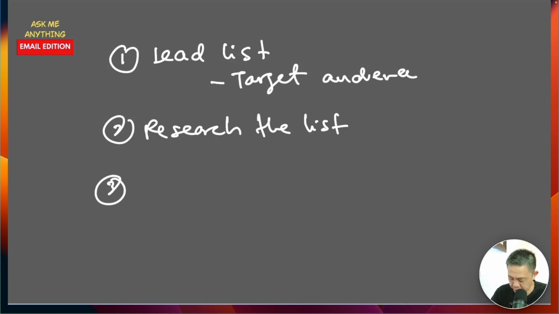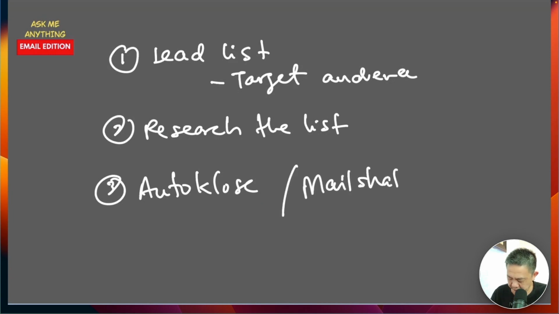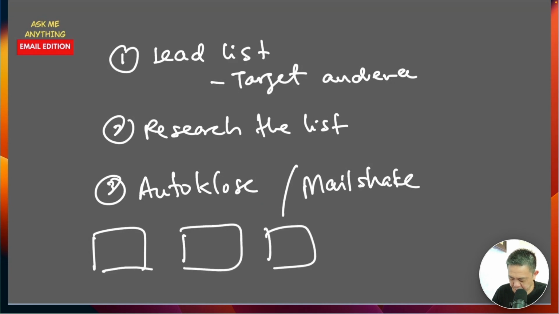So you can use, for example, two possible software. One is called Auto Close, and the other one is called Milkshake. What these two tools do is they help you build, let's say, a sequence of 3 emails. It's almost like automated emails where you can then personalize your first line, and you enter all this together with your lead list.